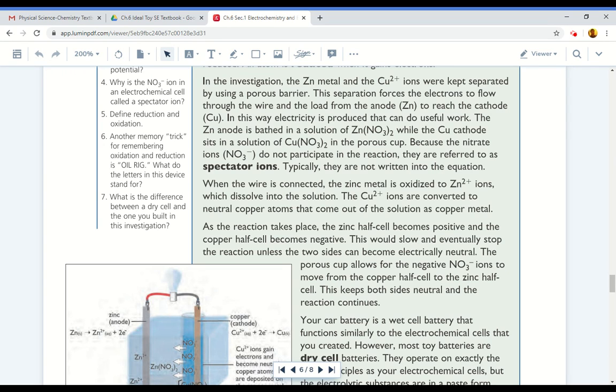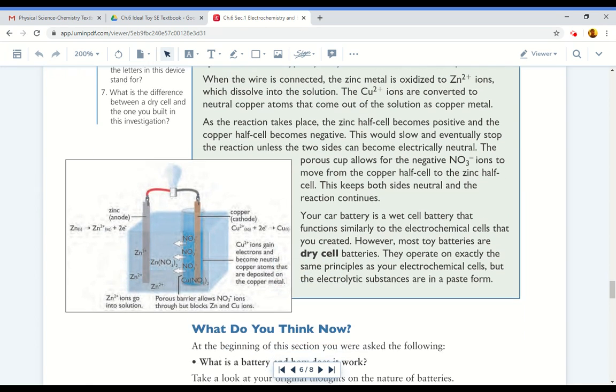The zinc anode is bathed in a solution, while the copper cathode sits in a solution in the porous cup. Because the nitrate ions do not participate in the reaction, they are referred to as spectator ions. Typically, they are not written into the equation.